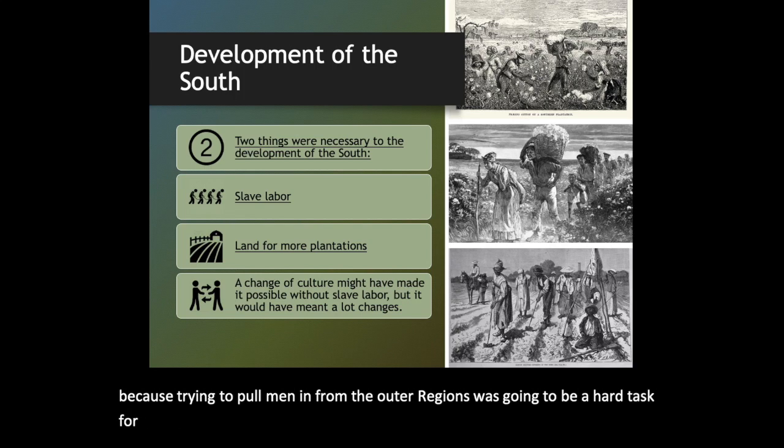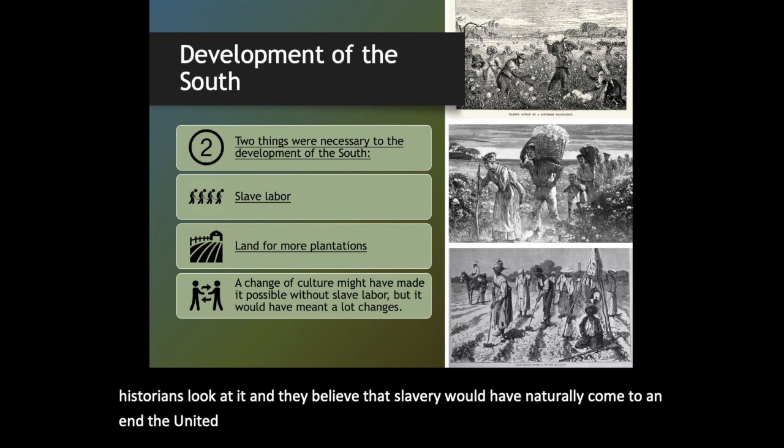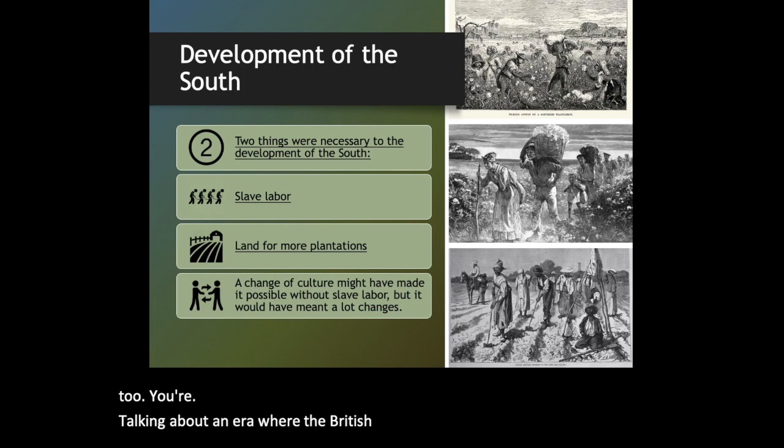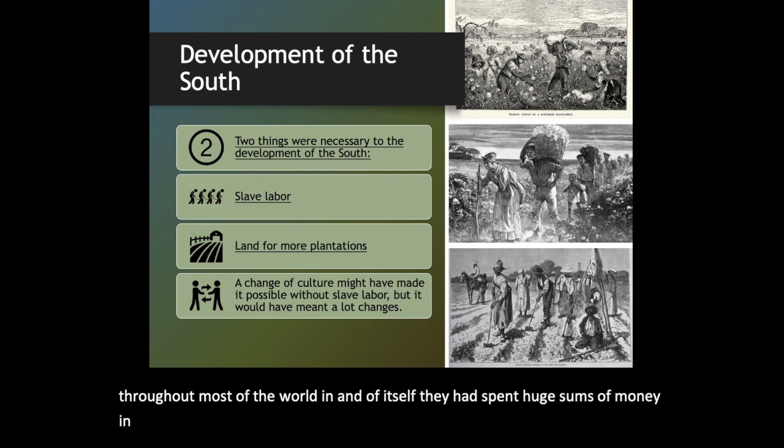Eventually, it would have balanced out no matter what. Some historians look at it and they believe that slavery would have naturally come to an end in the United States. However, there's a lot of dispute about that too. I mean, you're talking about an era where the British Empire had finally ended the slave trade throughout most of the world. They had spent huge sums of money in order to pay reparations towards the slave owners that had slaves that were now free.